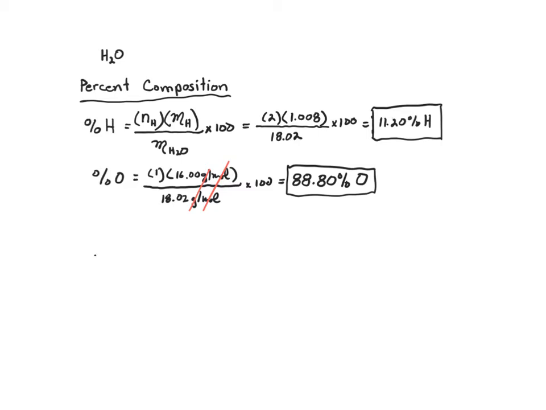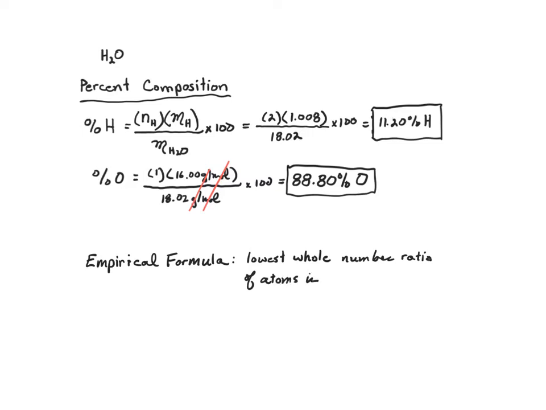We have the empirical formula, and the empirical formula, if you remember from our previous discussion, is the lowest whole number ratio of atoms in a compound. Actually, I should say elements in a compound.